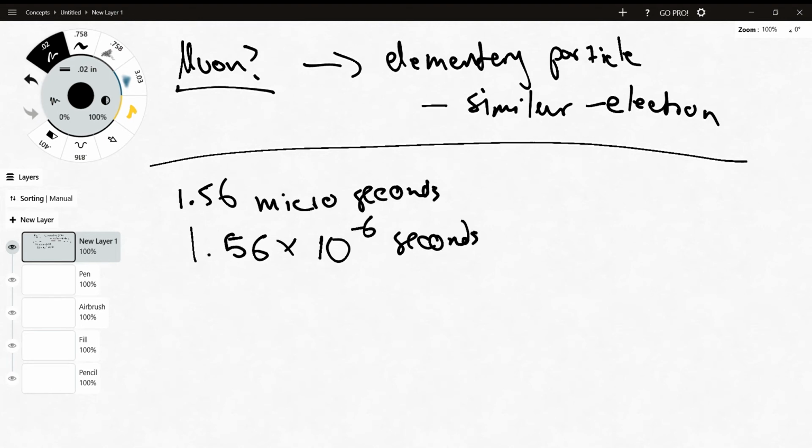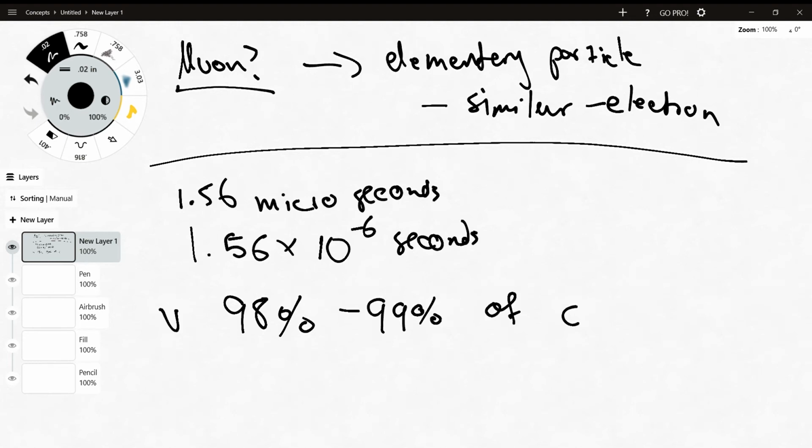And for general purposes, we say that it travels at 98% of the speed of light, something around 98 to 99% of c. Its v is 98 to 99% of c.